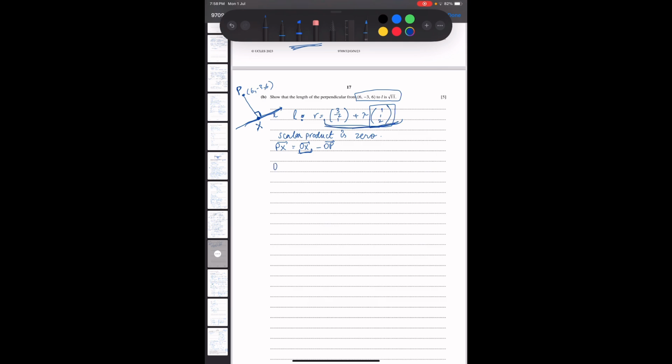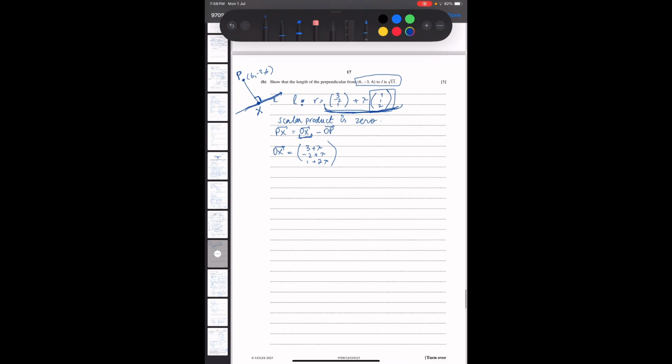So that basically would mean that OX is equal to, now I'll combine them together, and it would be (3 plus lambda, minus 2 plus lambda, and 1 plus 2 lambda). This is the vector for OX. And what about OP? Since this point is called P, the position vector of P would be (6, minus 3, 6).